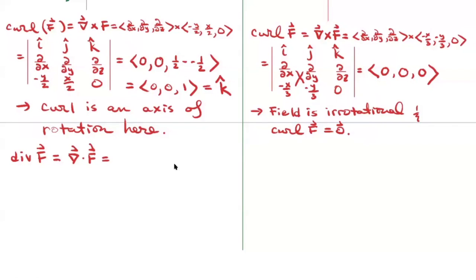So the vector of partial operators comes first. And then dotting with the first field, which has components negative y over 2, positive x over 2, 0. Okay. Any questions?